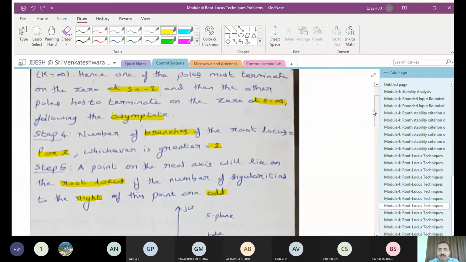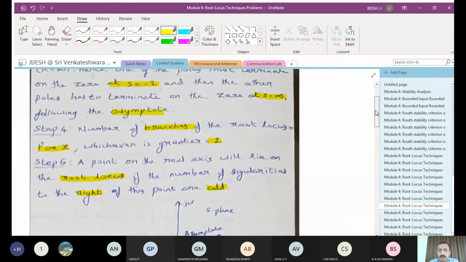You need to find the number of poles and number of zeros. Then find the number of branches, whichever is greater, poles or zeros. And you need to find the real axis portions which lie on the root locus, and how many poles or zeros are available there, whether it is odd or even, all those things you have to see. Based on that you can draw the branches.